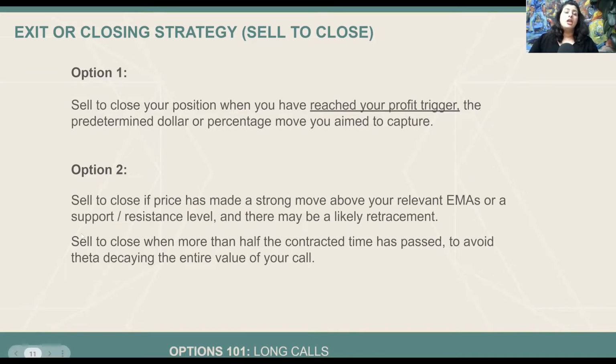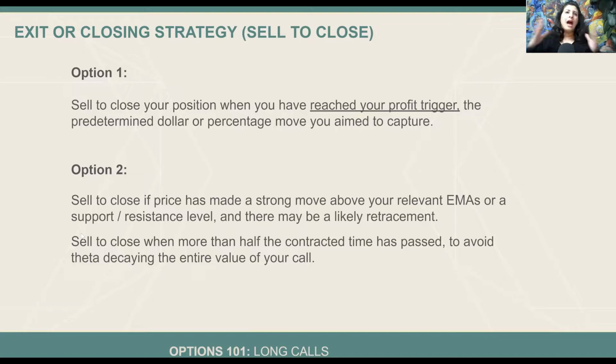Or let's say that you are in the contract and about half the time has passed. So you've bought a 2-month contract and you're nearing like 2-3 weeks into the contract. And though price has moved up, it hasn't moved up a lot. And so you are losing that time value that you paid for.